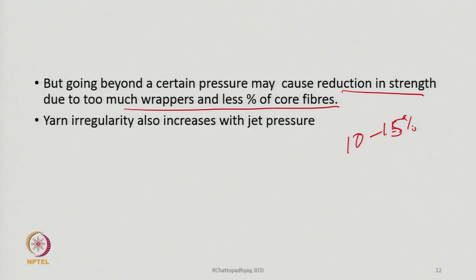This is the value of wrapper fibers. It may be 6, it may be 8 also. Now, if it goes very high, if it becomes 25%, then yarn strength is not going to increase. On the contrary, it is going to decrease, because the proportion of core fibers will now be much less.